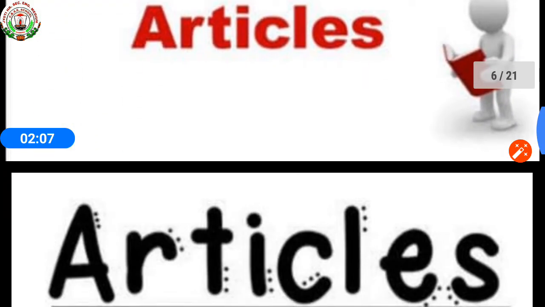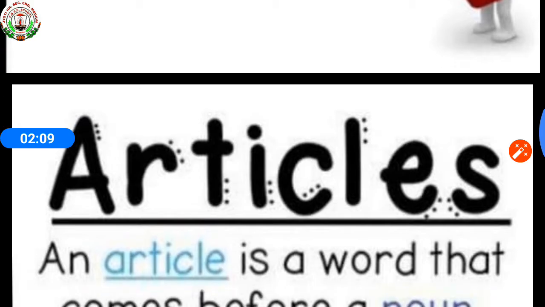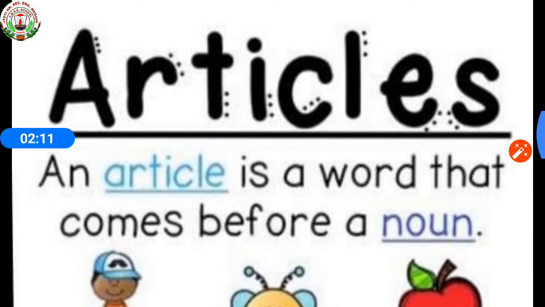Now we see the definition of articles. An article is a word that comes before a noun. Means an article is a word that modifies or describes the noun. It is used before the noun to show whether it refers to something specified or not.